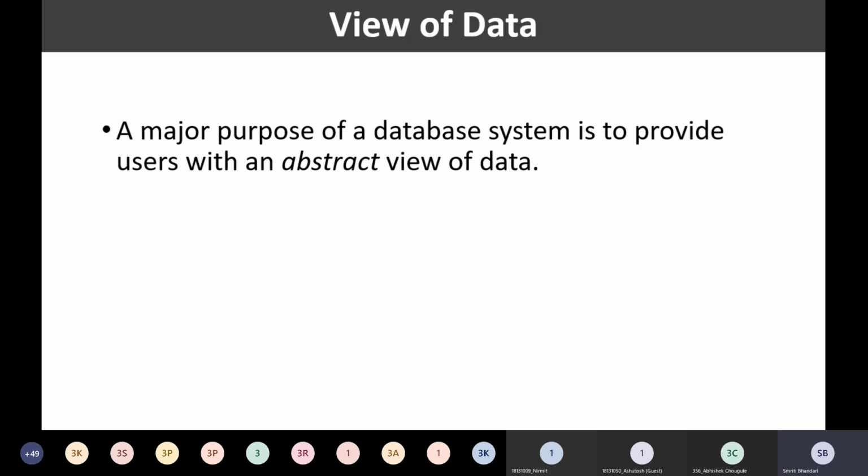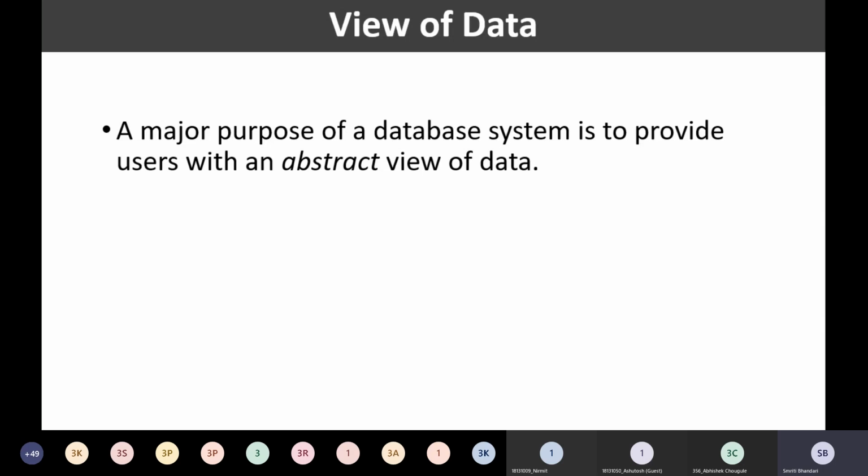Many times, if the user is not really required to know how the data is being stored and maintained in the database, it is better to hide those details from that kind of user. And this is what we mean by abstraction. Hiding something is nothing but abstraction. So a major purpose of a database system is to provide users with an abstract view of data.